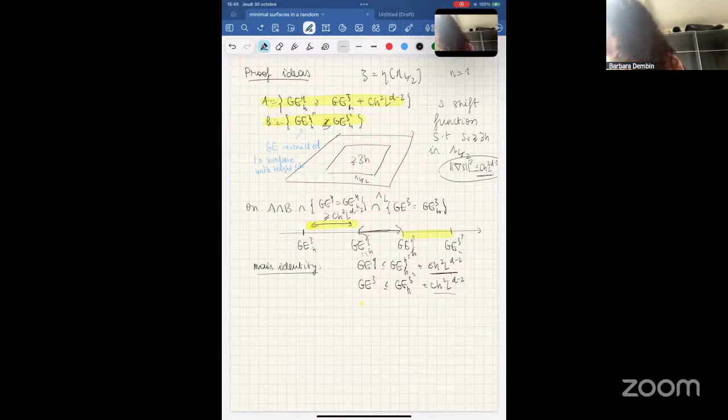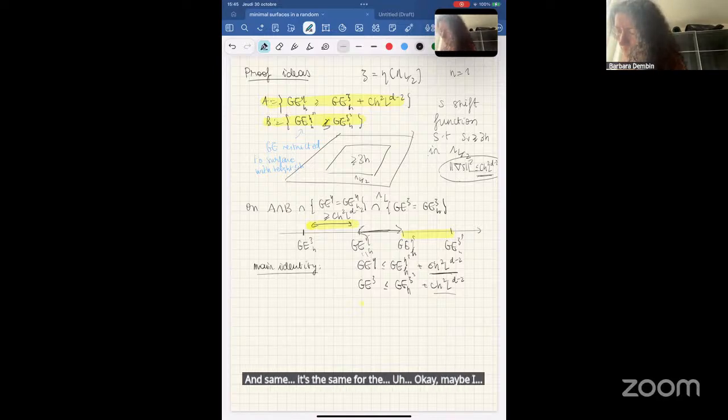And it's the same for the other one. Okay, I think I did my picture wrong, it should be the opposite. But never mind.